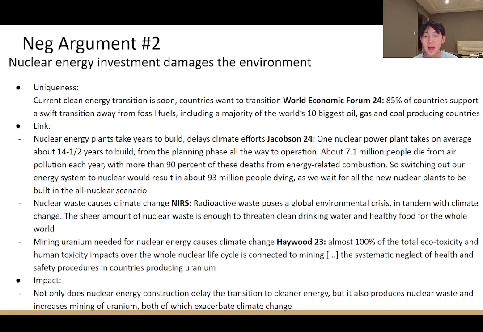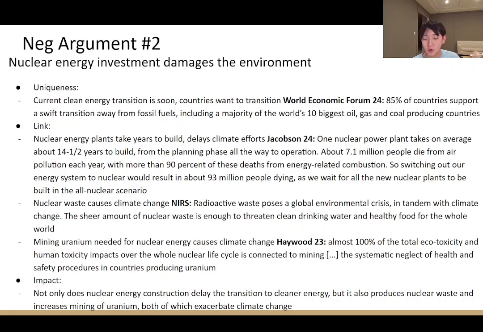So, while the actual process of producing nuclear energy is eco-friendly and cost beneficial, the way that you extract the materials and the additional factors in nuclear energy are really bad for the environment, right?